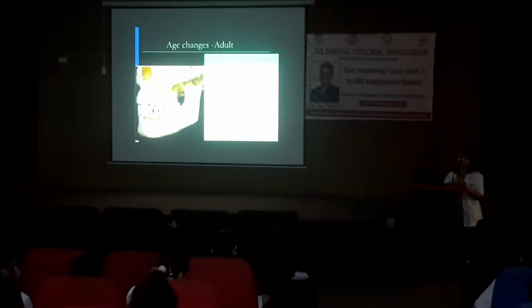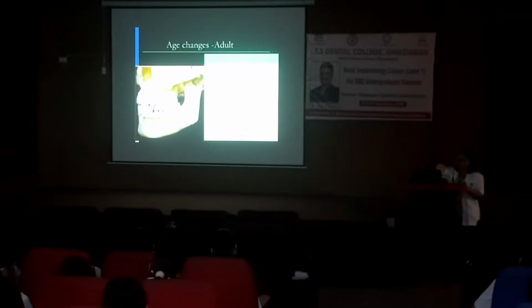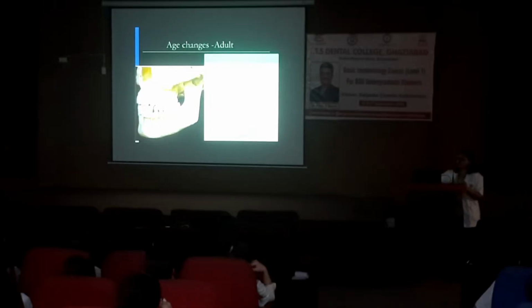Once the growth is complete, we now know where the canal is. The canal will be, if you calculate superiorly, almost in the middle. And if you see the corresponding lingual aspect, it is running parallel with the mylohyoid line. So almost there your canal will be present.